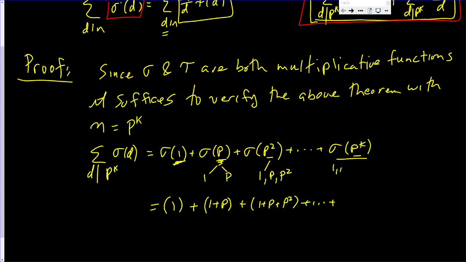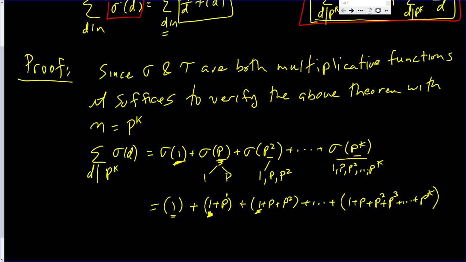All the way down to sigma of p to the k, which has 1, p, p squared, all the way up to p to the k as its divisors. So sigma of it will be 1 plus p plus p squared plus p cubed, all the way up to p to the k. So how many 1's do we have? Let's count from here.